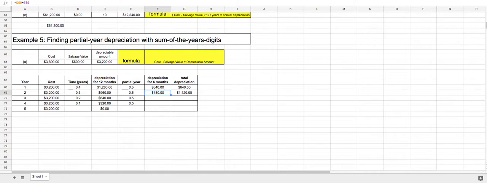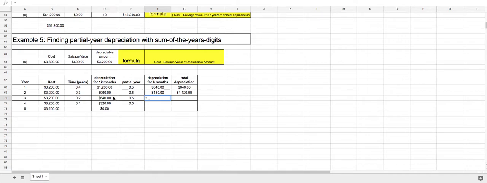Again, we're doing this based on 6 months from the previous year with the current year, and we're adding them together. So the 640 was from the previous year, that last 6 months, and then we're taking that last 6 months plus the first 6 months of the depreciation for the following year.